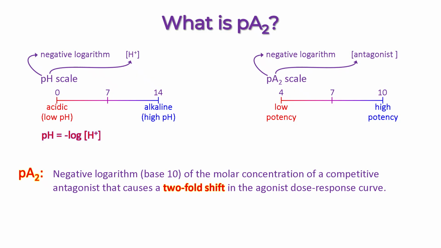So, just as a low hydrogen ion concentration gives a high pH, a low antagonist concentration gives a high pA2, indicating a potent antagonist. In summary, pA2 is equal to the negative logarithm to base 10 of the molar concentration of competitive antagonist that causes a doubling of the dose of agonist needed to produce the same response.